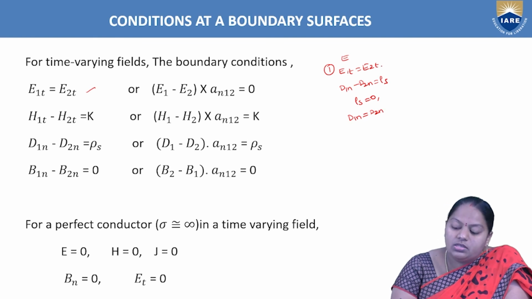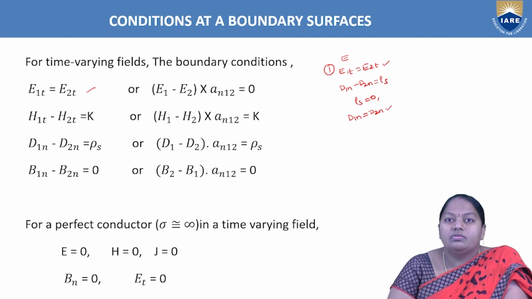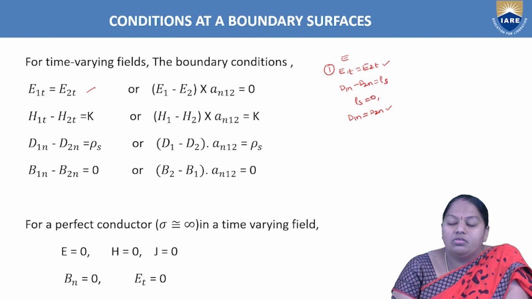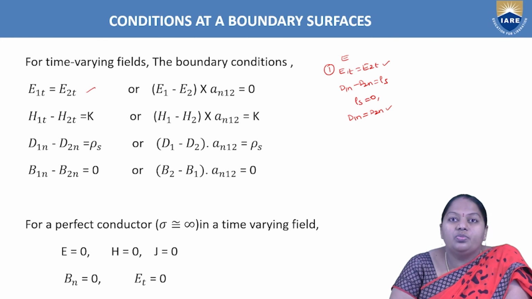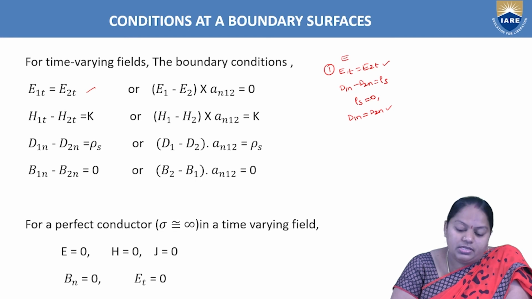Okay, so these are the two boundary conditions, E1t equal to E2t and D1n equal to D2n, which are to be derived in the case of electrostatic fields.